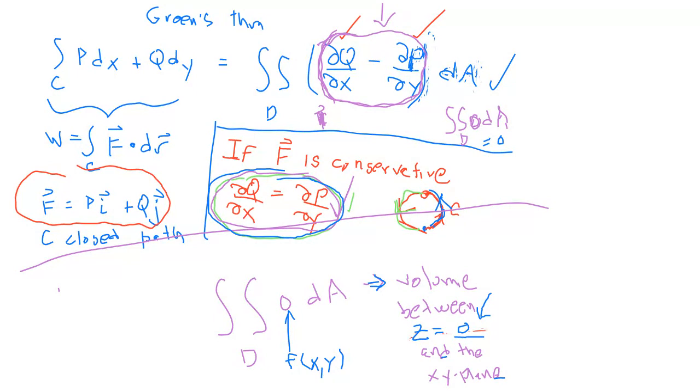And then this has to be the partial derivative of q with respect to x minus the partial derivative of p with respect to y. That has to be the integrand, right? It can't be anything else, by virtue of what the criteria for a two-dimensional conservative vector field is.